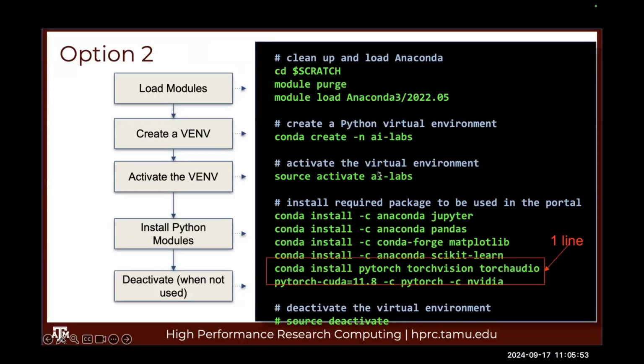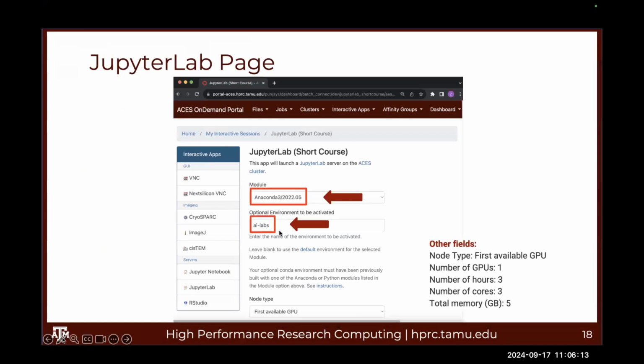Because today you used the shared environment, of course you can create your own environment on ACES. This is an example, and you can create the environment and also activate your own environment. For example, I call it AI labs, but you can call it something different. This is for your own project.